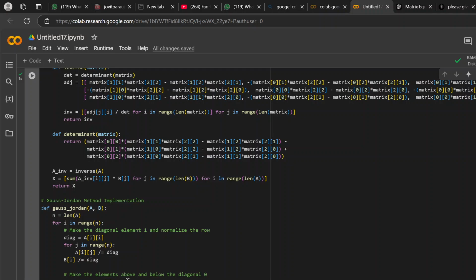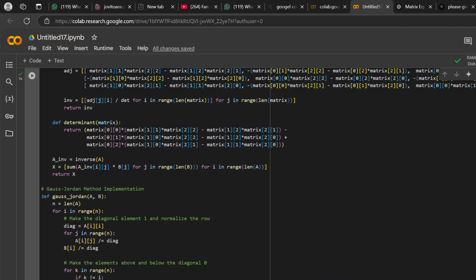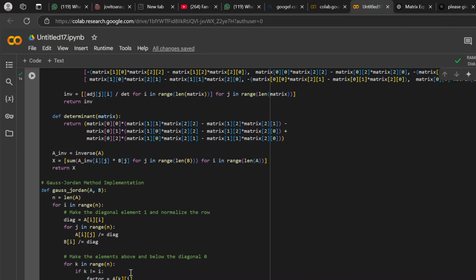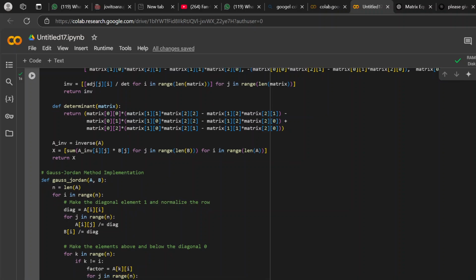After that, to make the elements above and below the diagonal 0, for k in range n, if k is not i, the factor is A[k][i]. Yeah, this is the repetition.